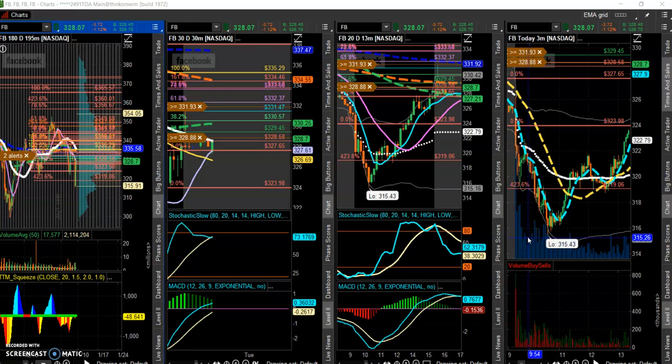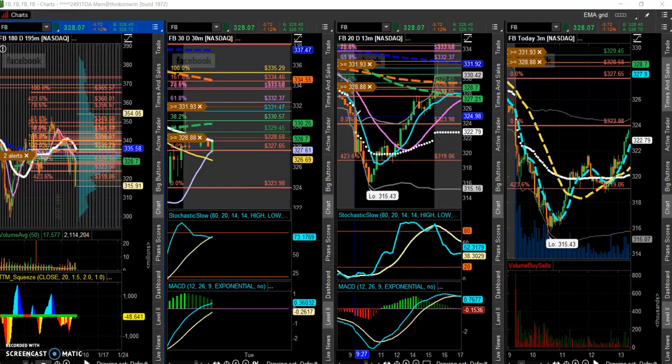And you can see that back on the way down, the volume starts to increase until we hit the low of day at 315.43.